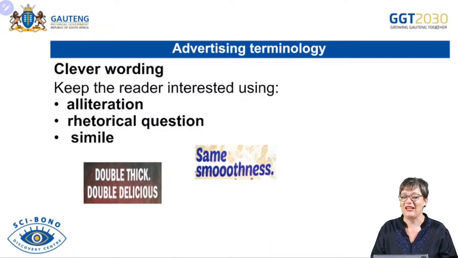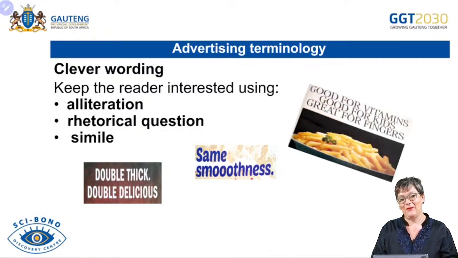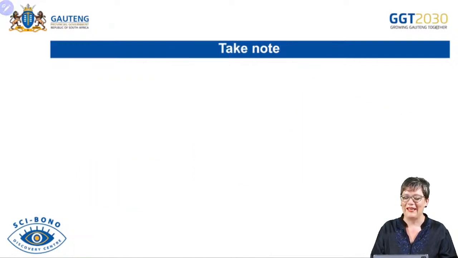And you can actually hear how smooth it is. Look at this one: good for vitamins, good for kids, great for fingers. Right, it's so clever wording. Please look at your advertisement. You'd be surprised at how clever language is used. One of my favorite ones is obviously Nando's. So whenever you see a Nando's ad, look at their language. They really get it going.